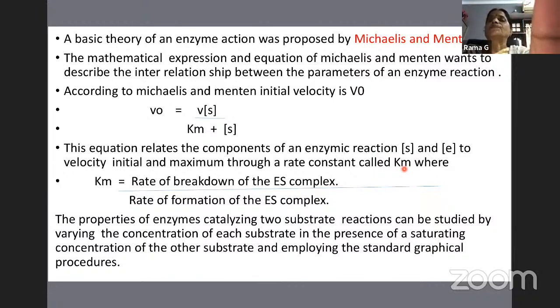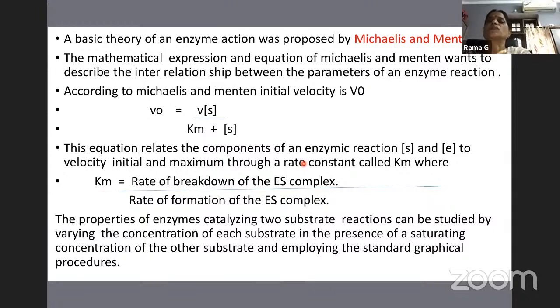And this Km, what is that? Km is explained in the form of an equation: the rate of breakdown of the enzyme substrate complex divided by the rate of formation of the enzyme substrate complex gives the Km. That means the maximum rate of a reaction.